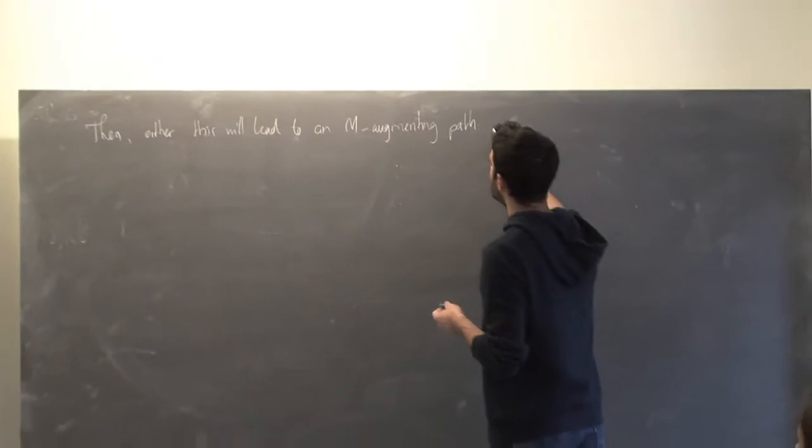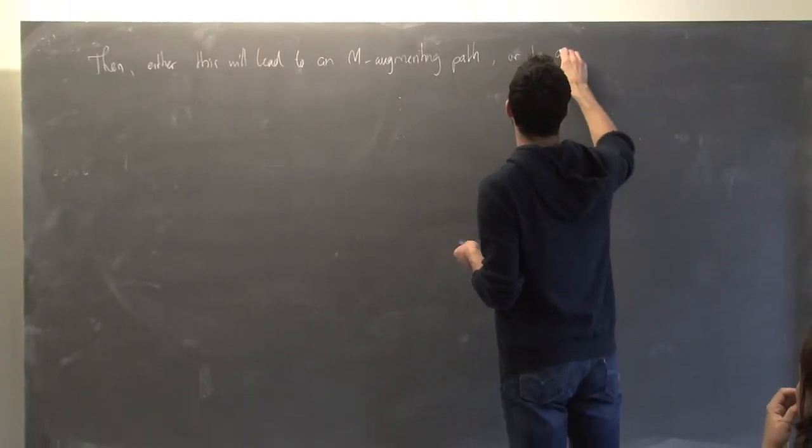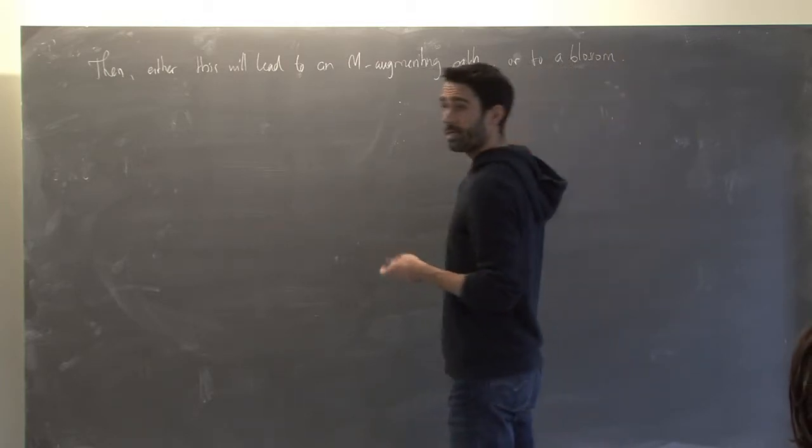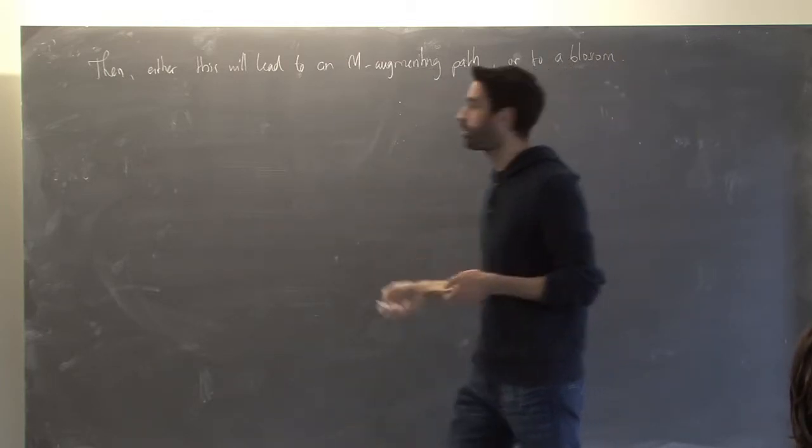So either this will lead to an augmenting path or to a blossom. In the latter case, you shrink the blossom and you continue.